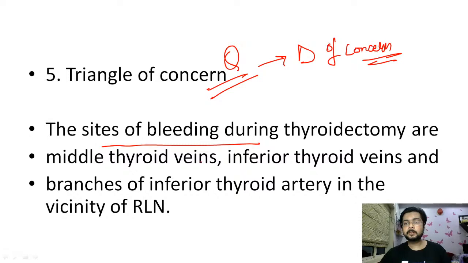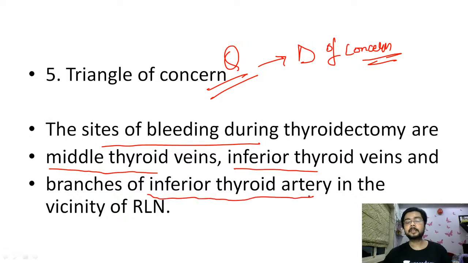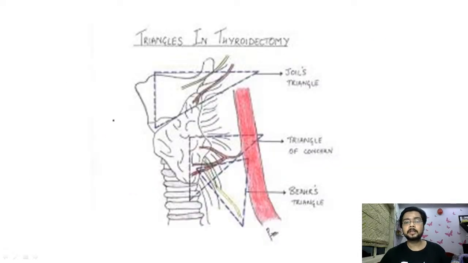Because the middle thyroid vein, inferior thyroid vein, and branches of the inferior thyroid artery are all lying in this triangle. So just remember, this triangle is of concern because of the high risk of bleeding in this area, with the presence of the middle thyroid vein, inferior thyroid vein, and inferior thyroid artery branches.